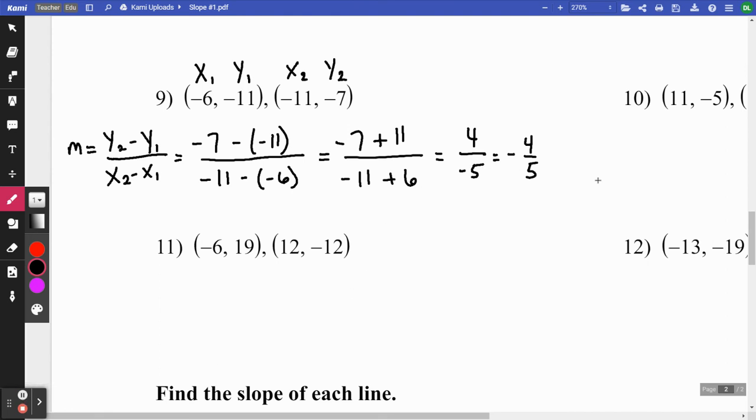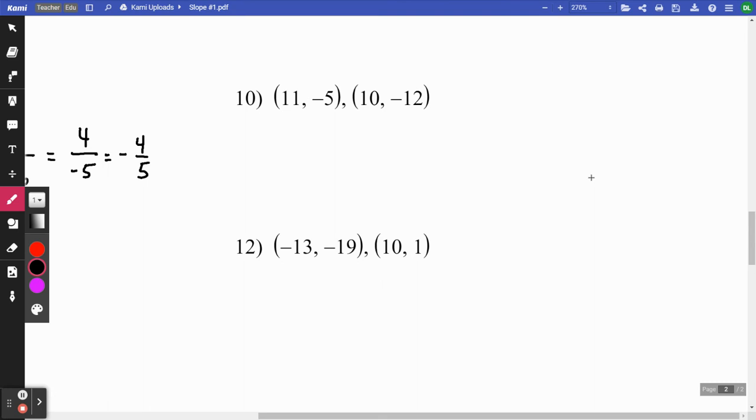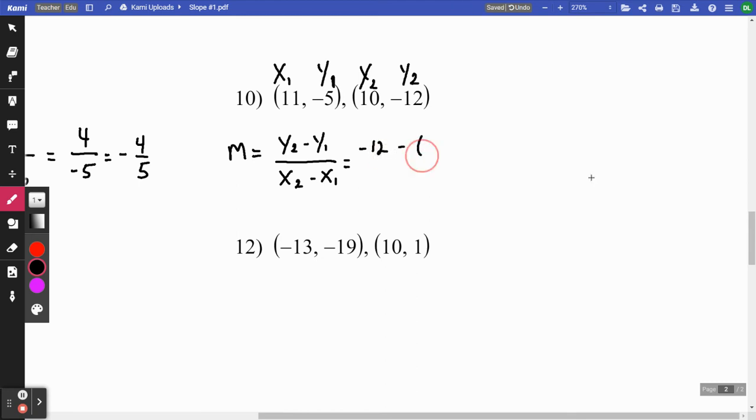All right, here we go. Number 10. x1, y1, x2, y2. m equals y2 minus y1 over x2 minus x1, and that will equal negative 12 minus negative 5 over 10 minus 11.